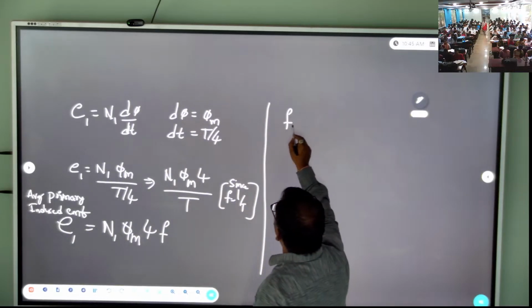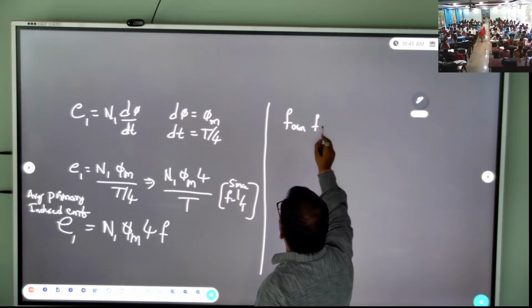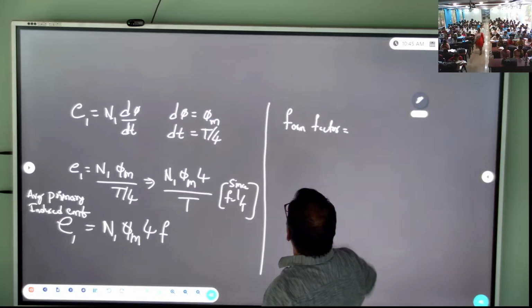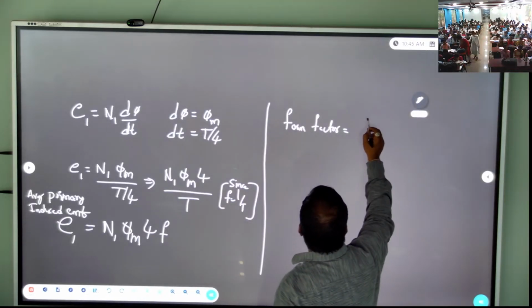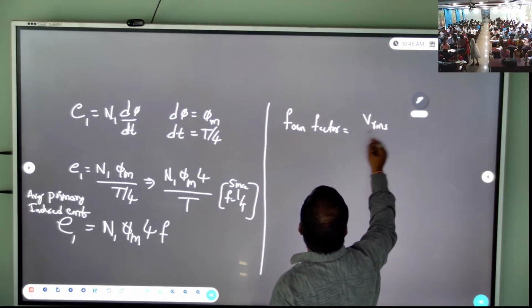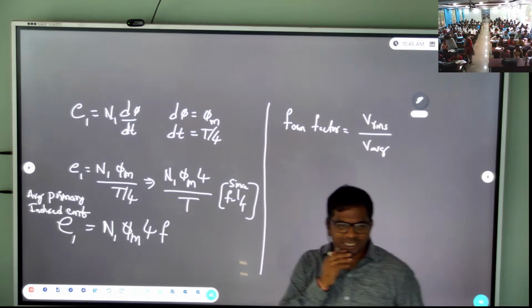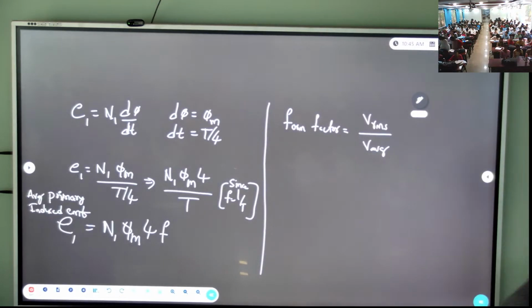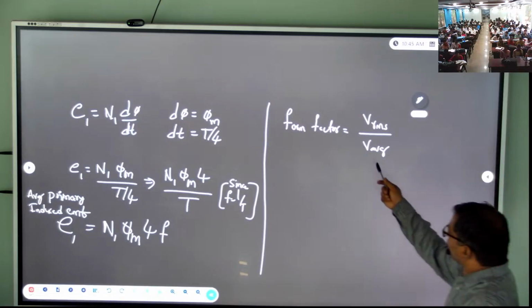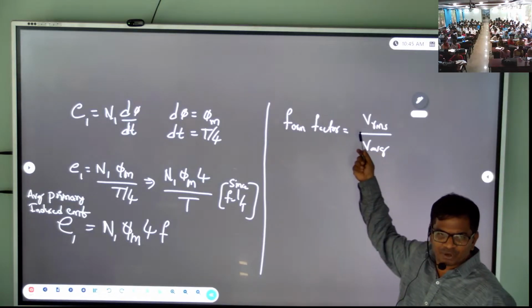Form factor is equal to V RMS by V average. Did you study it for AC circuits? Form factor is the ratio of RMS to the average. Now average value is available. RMS value you have to get.